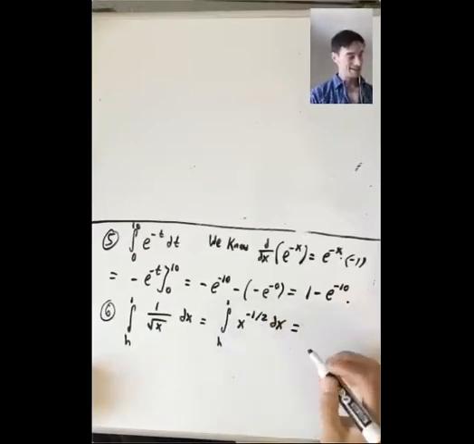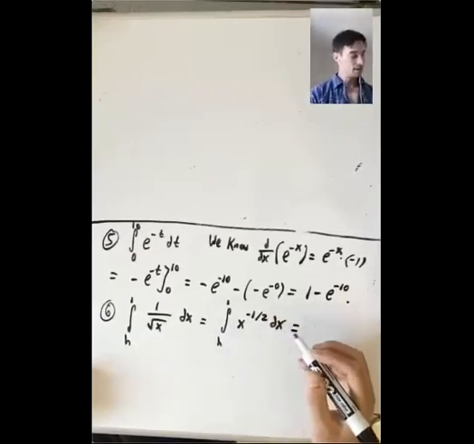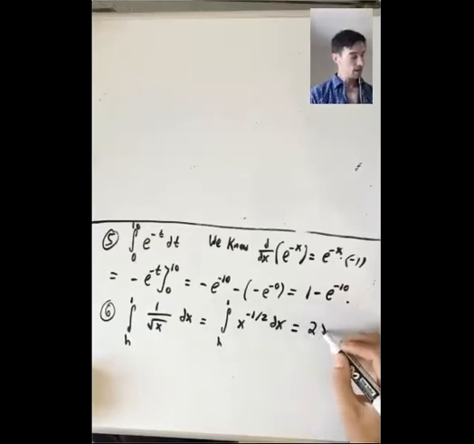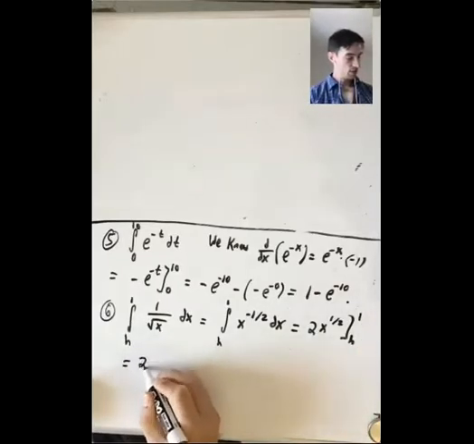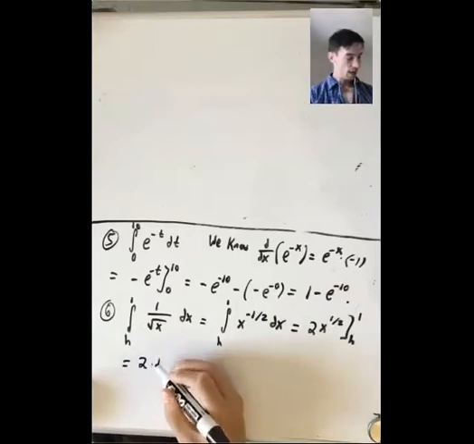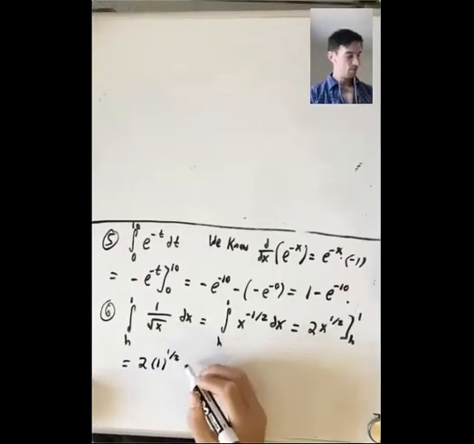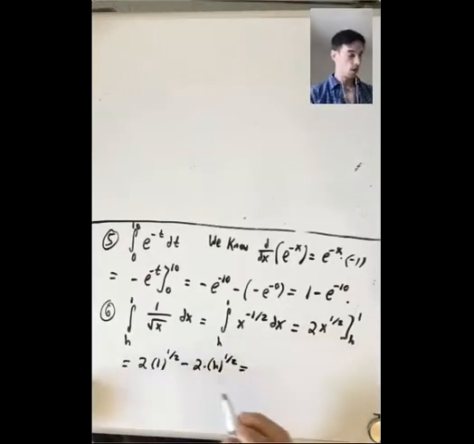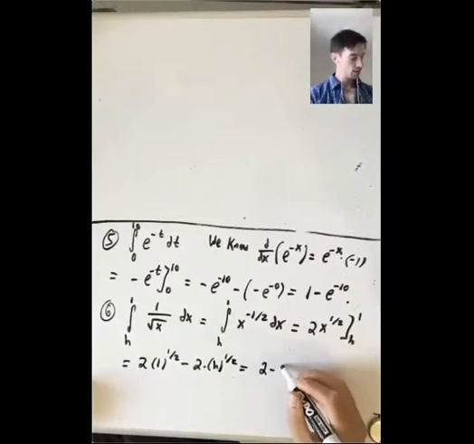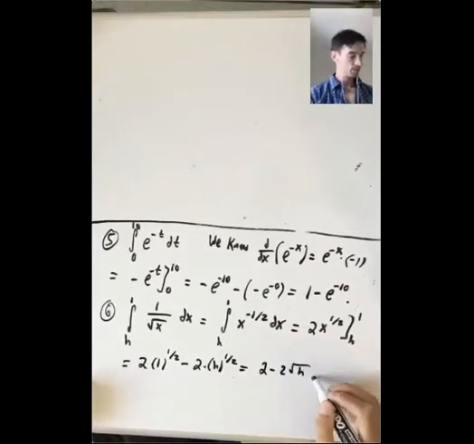And it's not difficult to see that this should be 2x to the 1/2 evaluated at h and 1. So we get 2 times 1 to the 1/2 minus 2 times h to the 1/2, which is just 2 minus 2 times the square root of h.